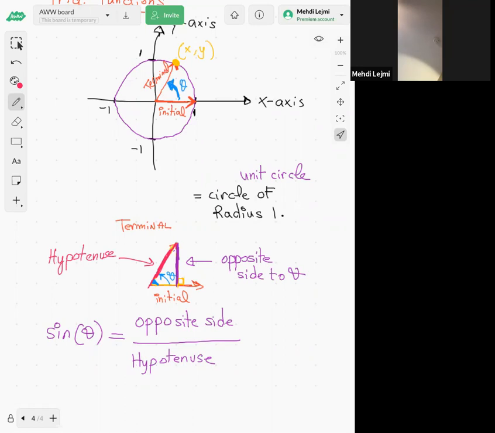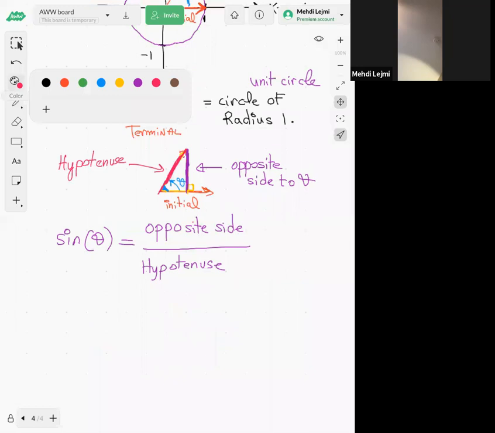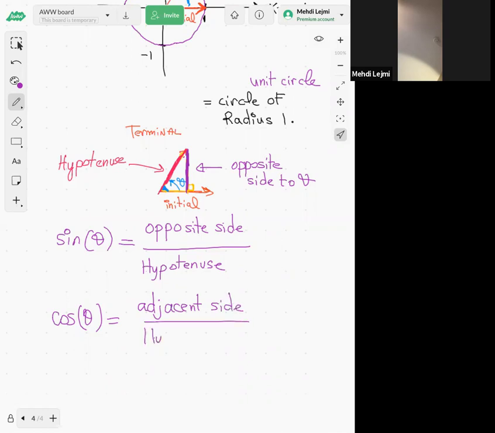Now, cosine of theta would be the adjacent side over the hypotenuse. So what's the adjacent side to theta?